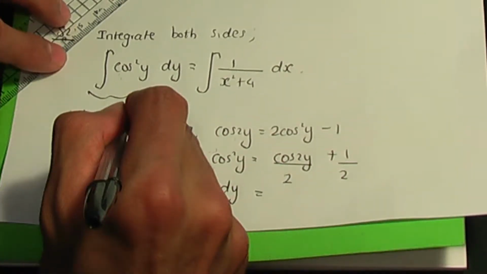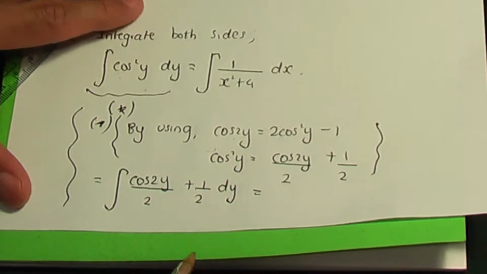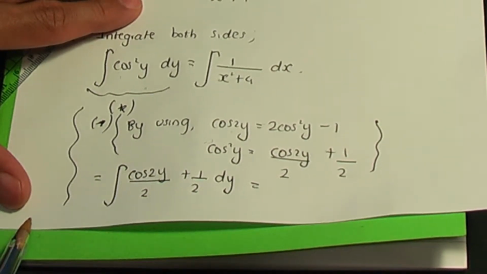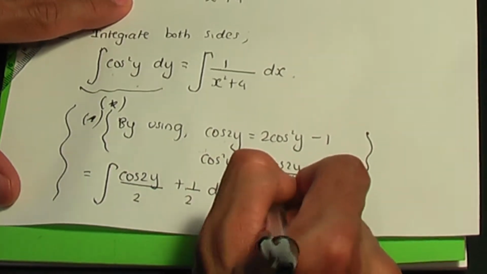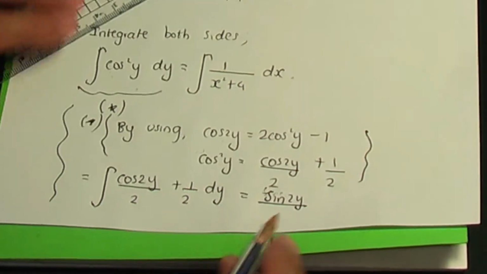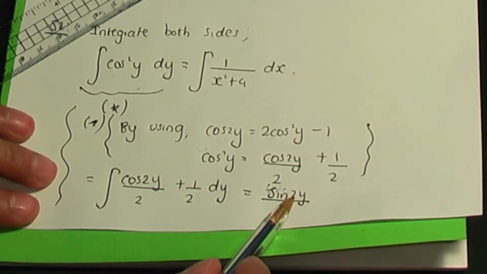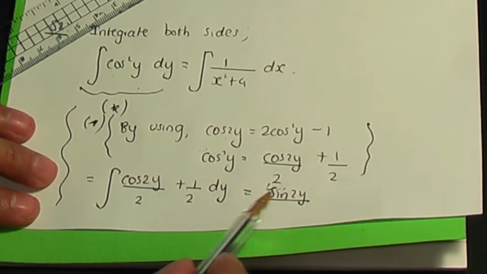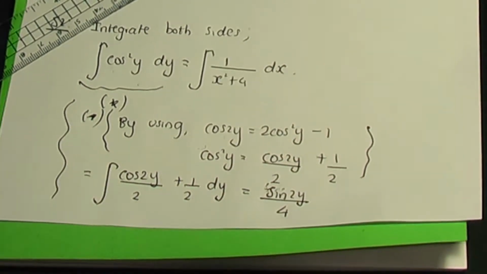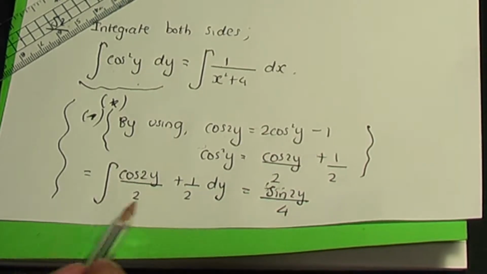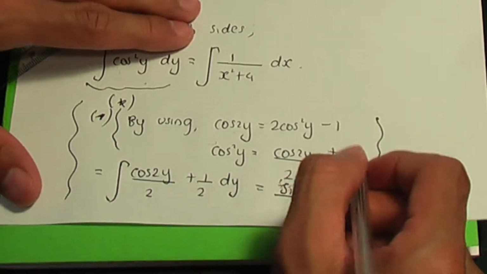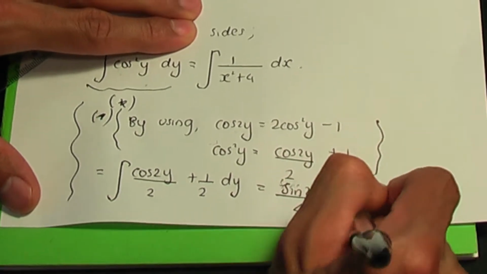If we integrate cos, the integration of cos is sine, so we're going to have sine 2y divided by that 2. Dividing by that 2 together with this 2 makes it a 4. So we have sine 2y over 4 for the integration of this first term. And if we integrate one half, that is y over 2.